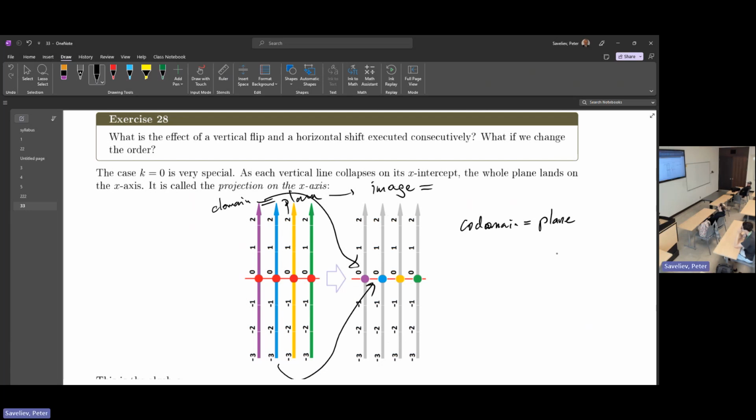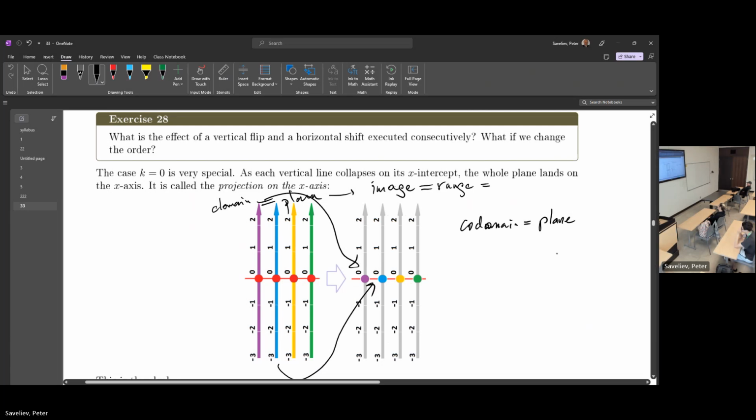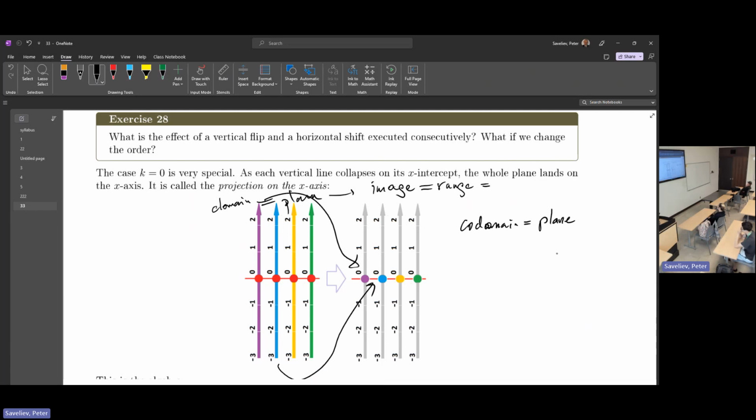The image. Okay, so if you go back to pre-calculus, the term that was used was the range. So what's the definition of the range? All actual y values, right? So let's speak the language of what we have here. It is the outputs, because now y's are just part of the input.